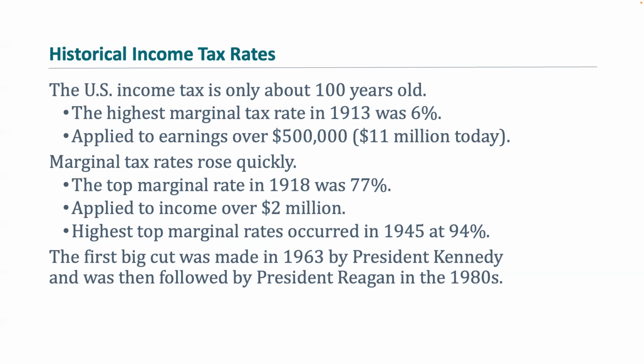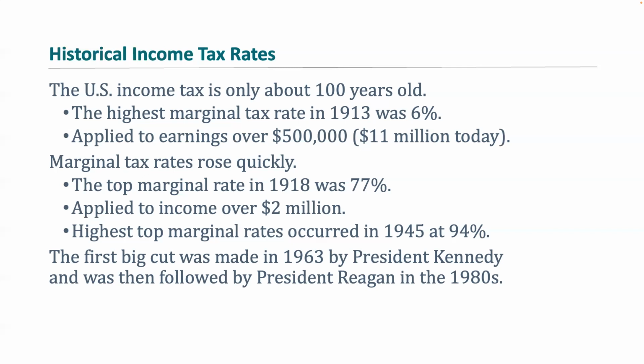And by 1918, that top marginal rate rose up to 77%. Again, this was only applying to people who had income over $2 million, but it meant that every dollar earned beyond 2 million yielded only 23 cents to the income earner. That's why there had to be some legislation that changed those taxes and cut them a little bit. And that's why President Kennedy and President Reagan adjusted those taxes.